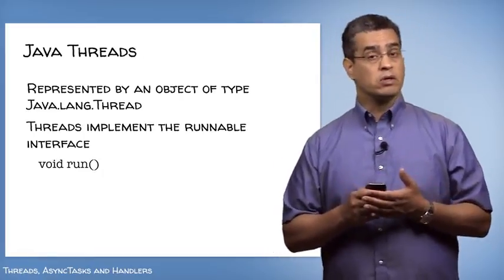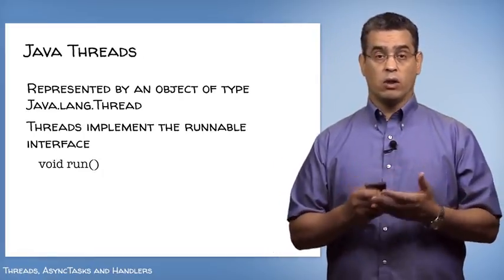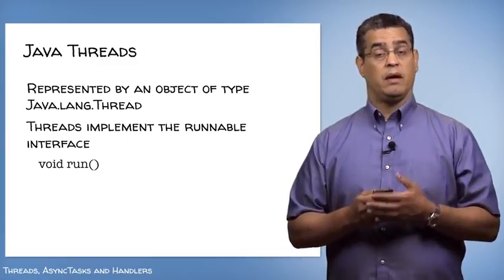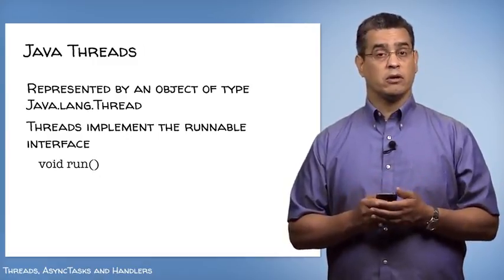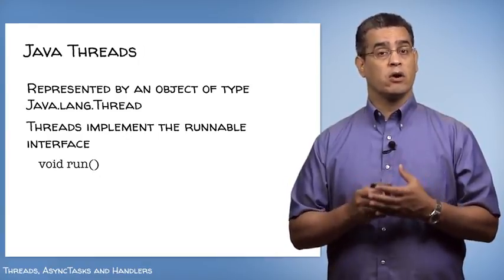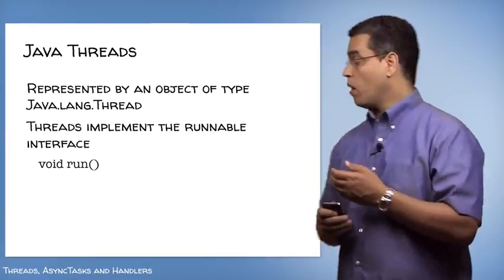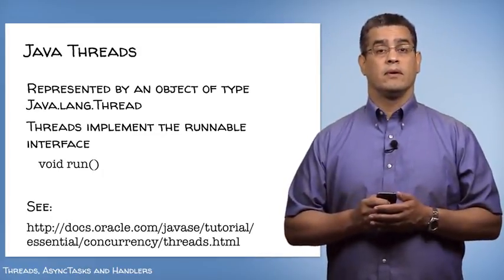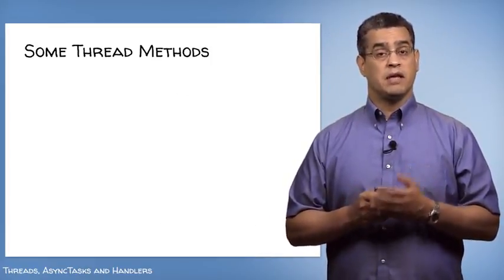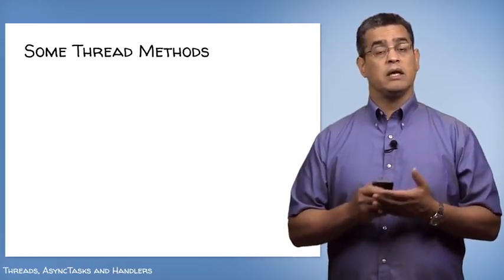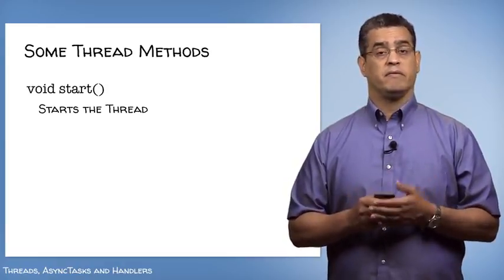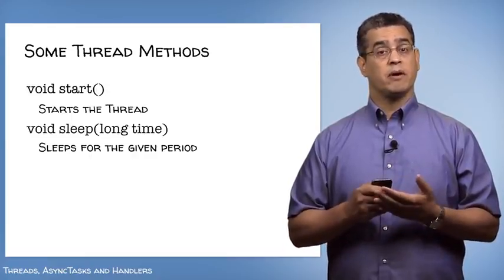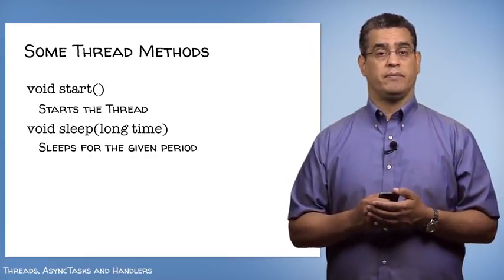Now, for this course, I'm assuming that you've already learned about Java threads and that you know how to use them. However, if you need a refresher, please take a look at the concurrency tutorial at the following URL. Some of the thread methods that we'll see in this lesson include the start method for starting a thread and the sleep method for temporarily suspending a thread.